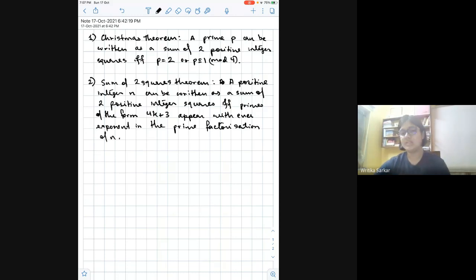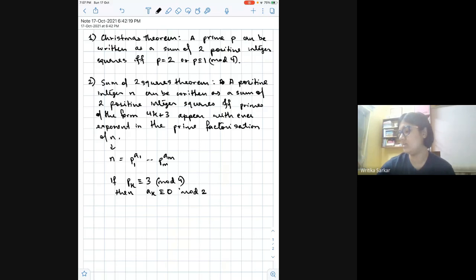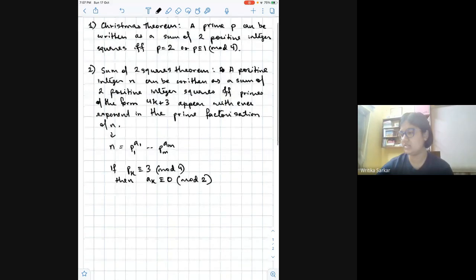So what this really means is that when you write n in its prime factorized form, p1^a1 up to pm^am, then if pk is a prime which is 3 modulo 4, then the exponent ak has to be even. This is what the theorem says. So the first part of the theorem, the Christmas theorem, was proved using the Gaussian integers, and the second part doesn't really require any Gaussian integers, just a little bit of number theory.